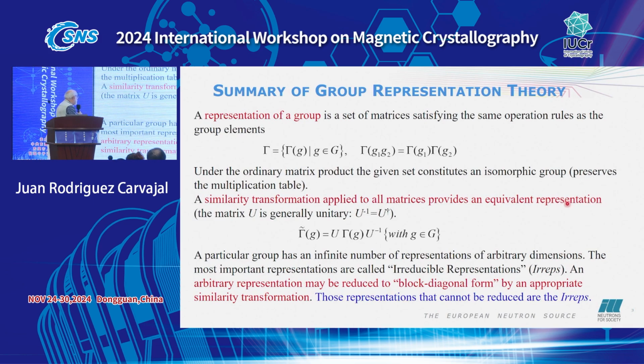For instance, if we use a matrix U that is generally a unitary matrix, it means that the inverse of the matrix is the Hermitian conjugate. Then this corresponds to an orthogonal transformation in any case. When we have this representation here and we apply the same matrix to all the matrices for all the elements, we get another representation because the aspect of the matrices is different, and this is an equivalent representation.